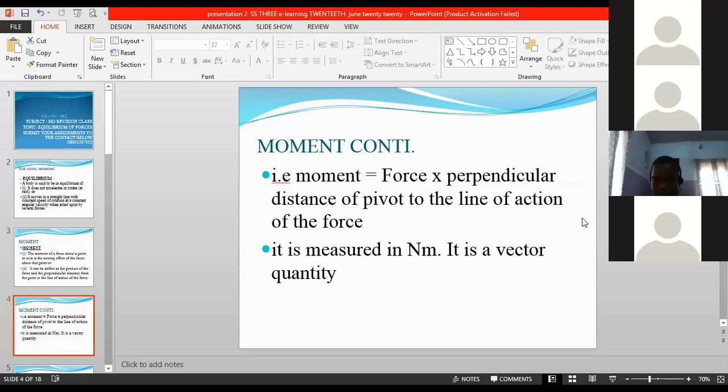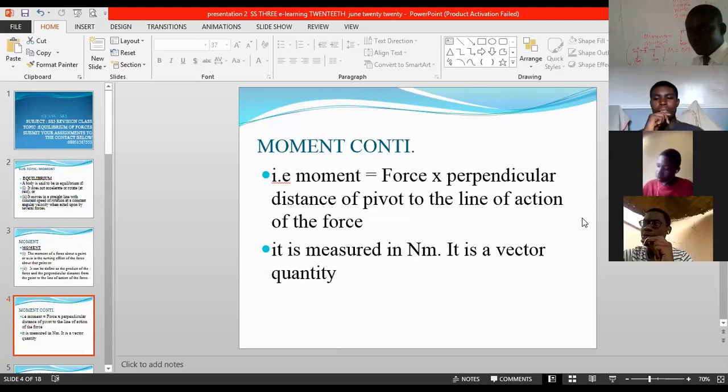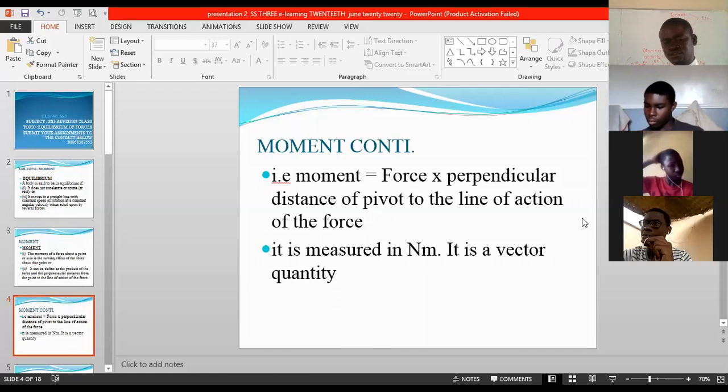I repeat, torque, T-O-R-Q-U-E, couple, work, and energy. They have the same unit and the same dimensions as moment.